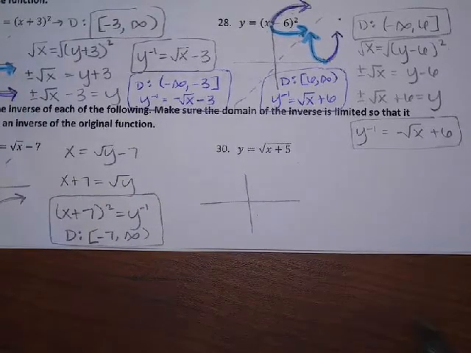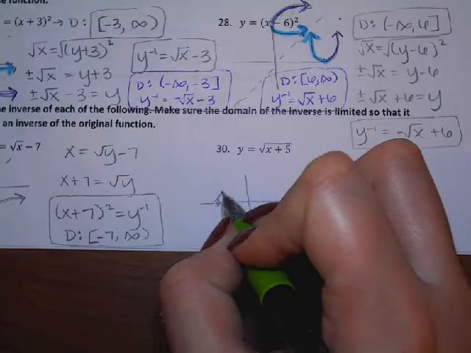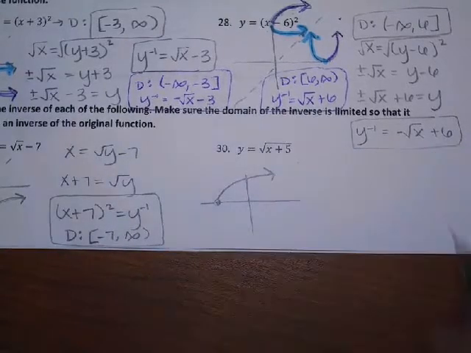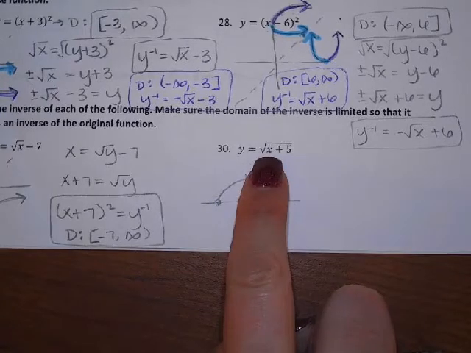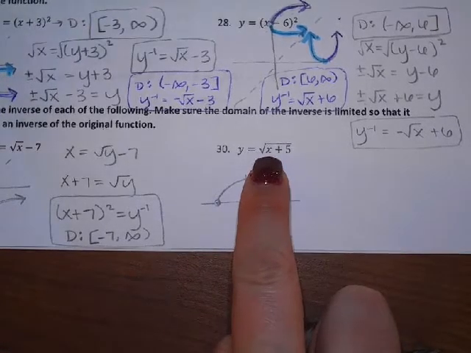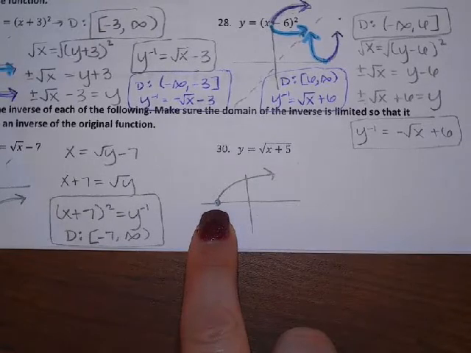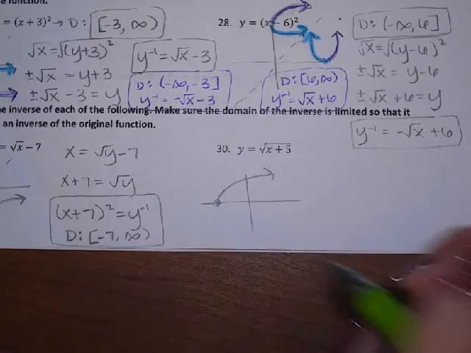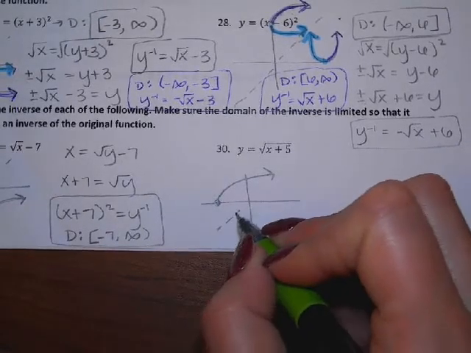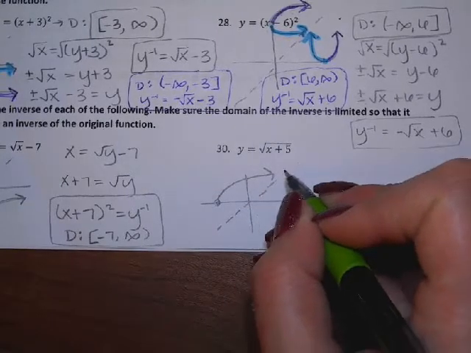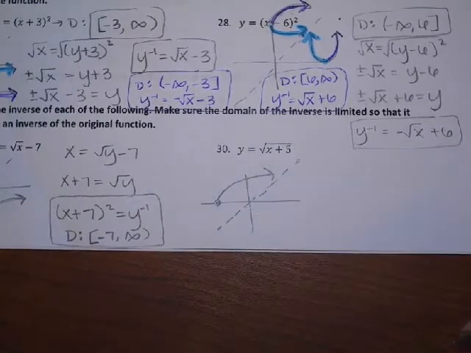Left 5. Okay, it's a square root graph that looks like that. Left 5. So if the locator point of this one, kind of like a vertex, but not, is at negative 5, 0, then where is the parabola going to be? 0, negative 5.